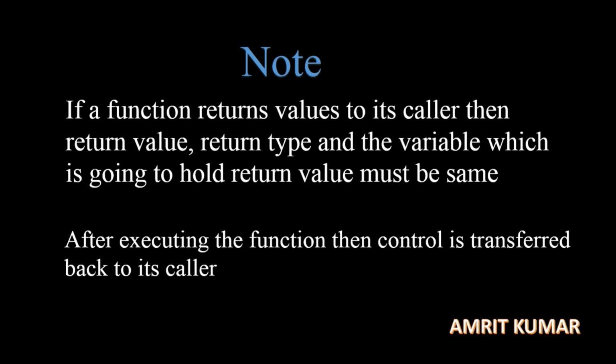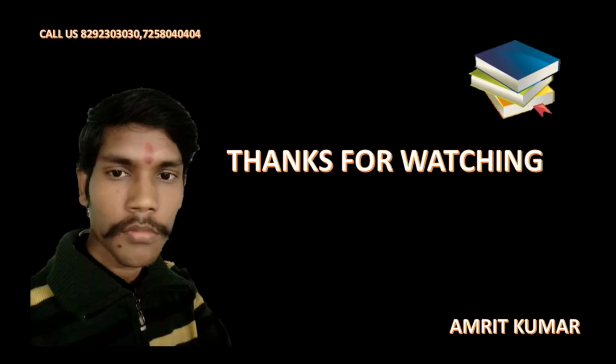Must be the same means they should have the same data type. After executing the function, control is transferred back to its caller, from where it was called. Okay. So this was all about the function and its components used in C language.